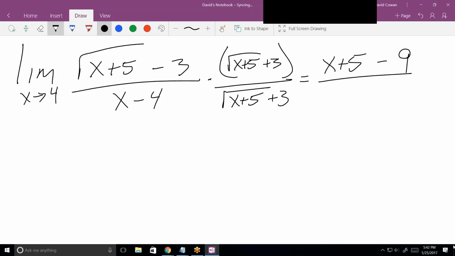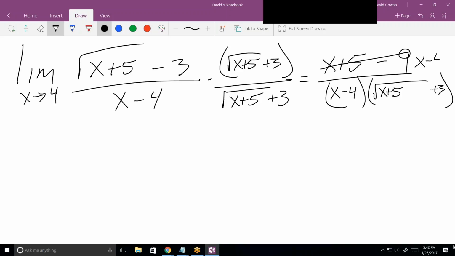And I'm going to write the bottom this way. In other words, the last thing in the world I want to do is try to multiply these together in the bottom. That's just a waste of time. First of all, it's hard to multiply those two, but even if you could, you wouldn't want to. Now notice what the top becomes. X minus 4. Now what?